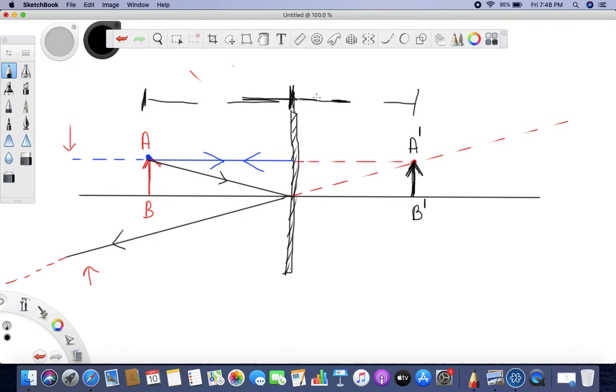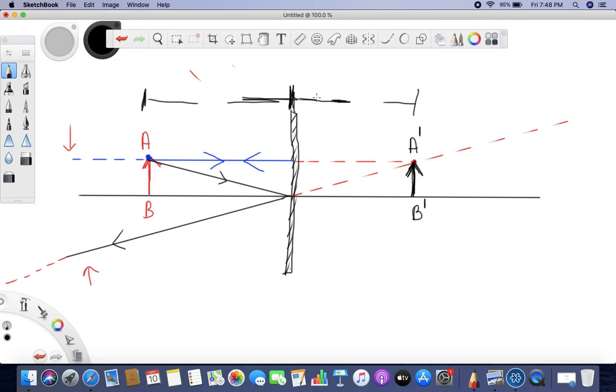If you move two steps towards the mirror, your image will also come two steps towards the mirror. So always remember, the distance of an object from the mirror is always equal to the distance of an image from the mirror. Object and image are both at equal distance from the mirror.